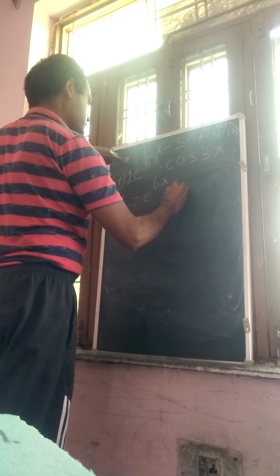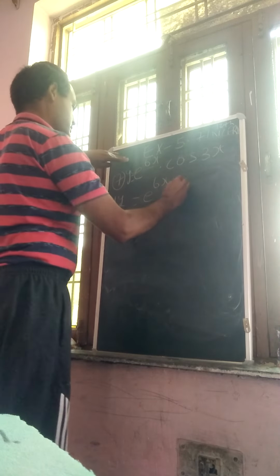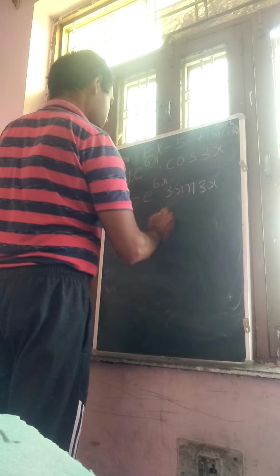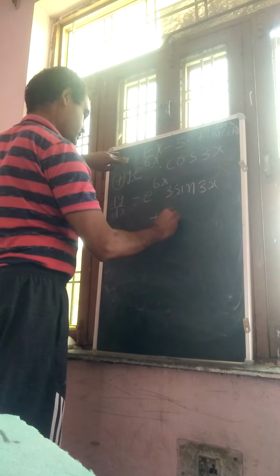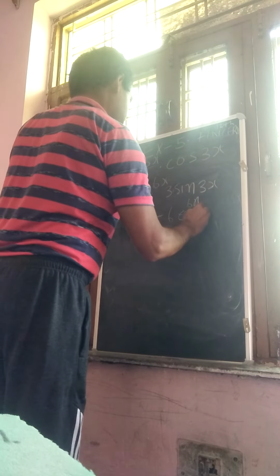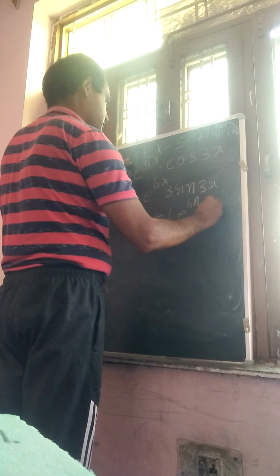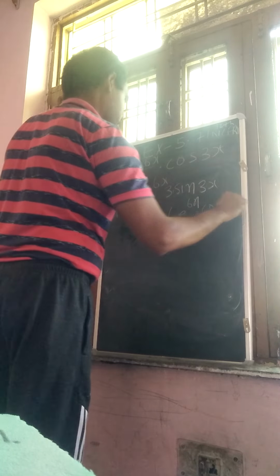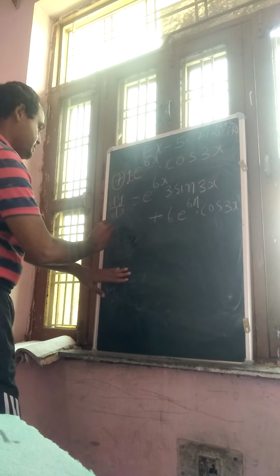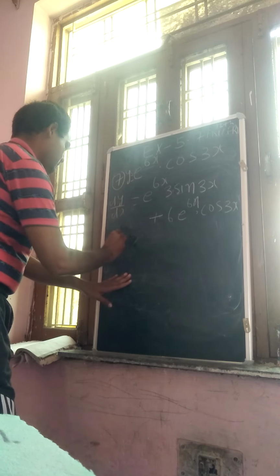So 3 sin 3x plus 6 e to the power 6x into cos 3x. We have to explain this is first derivative and here is the second derivative.